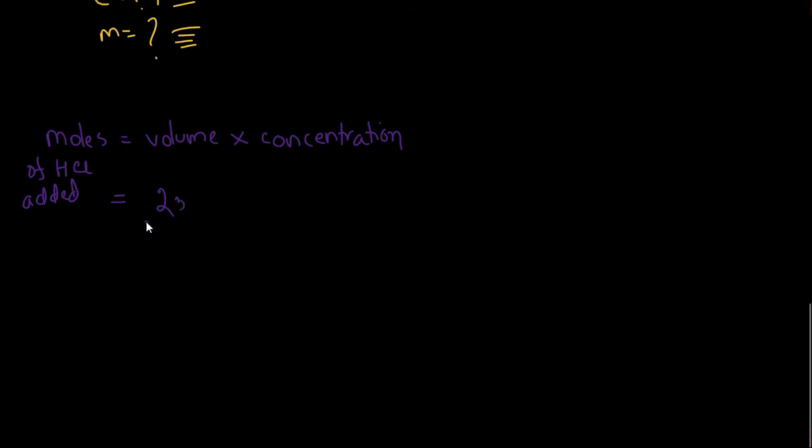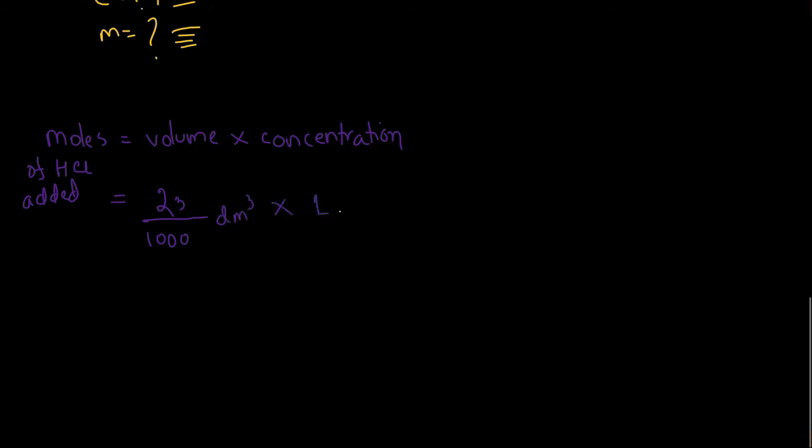So using the formula that we have learned before, moles equals volume times concentration. The moles of HCl added: the volume was 23 cm cube, but remember we have to convert it into dm cube, so divided by 1000, it becomes dm cube.